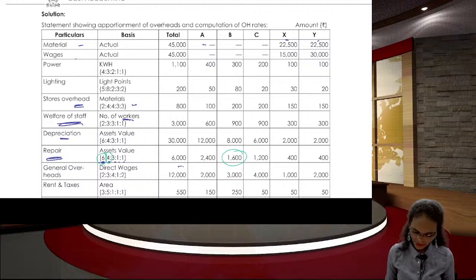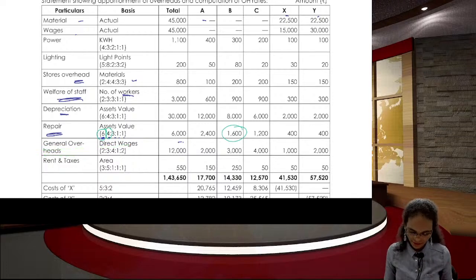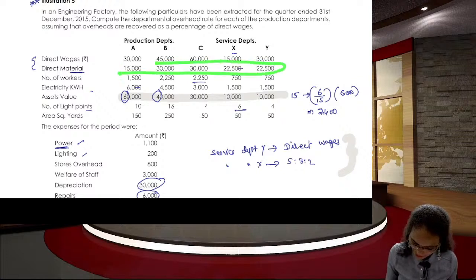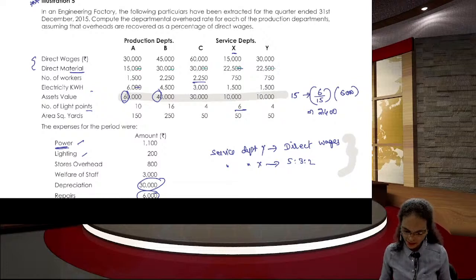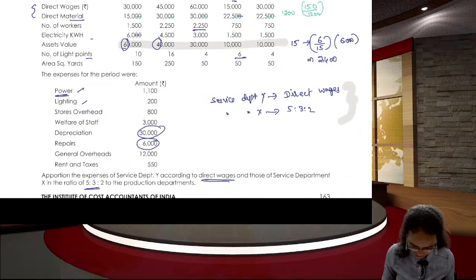Yes. Right. Next one, general overheads on the direct wages. So where is the direct wages information? This one. Here you are able to see 2 zeros each. So 150 plus 300 plus 300 plus 225 plus 225, that is 1200. 150 divided by 1200 into, what is the general expenses? 12,000.